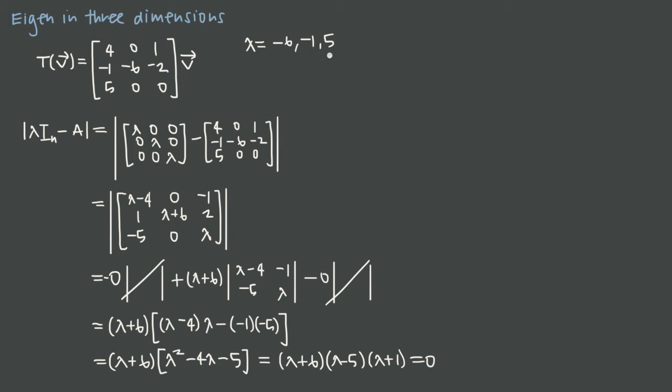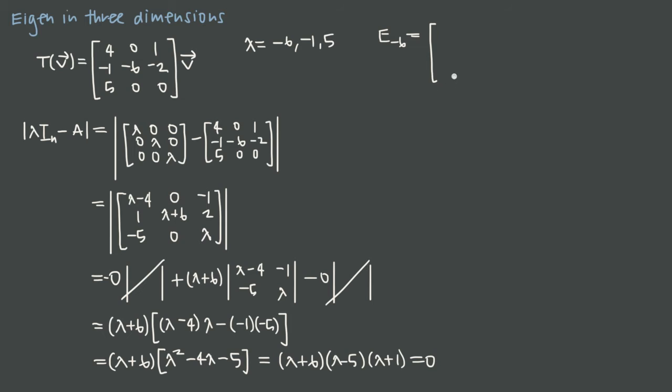Now we can go about the business of finding our eigenspaces. So for the first one, we'll use the lambda -6 value. So we can say the eigenspace for lambda is -6 is going to be the null space of this matrix when we plug in lambda equals -6. But let's just go ahead and set this up, augmenting it with the 0 vector so that we can find the solution here.